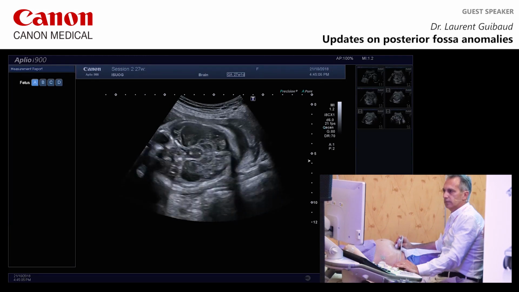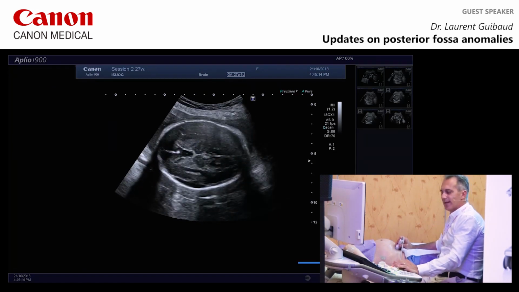Okay? Okay. And another question. Yes. Could you please show us the posterior complex? The anterior or the posterior? Posterior, yes. I published about the anterior complex, but I will show you also the posterior.